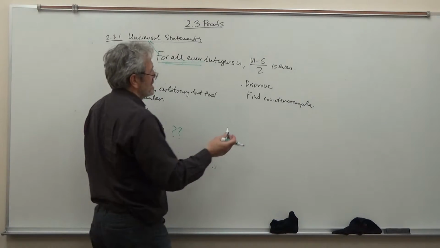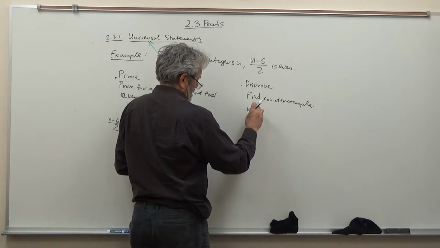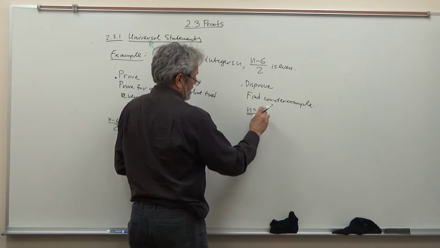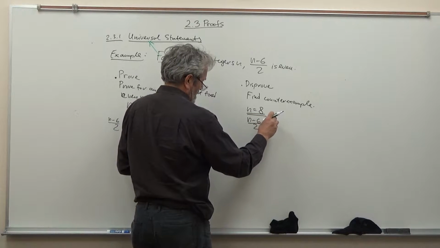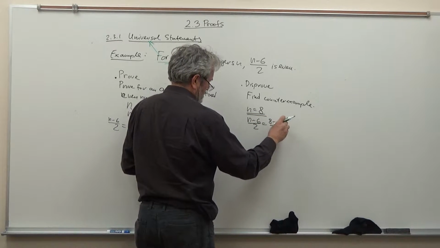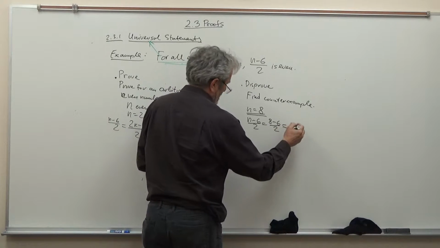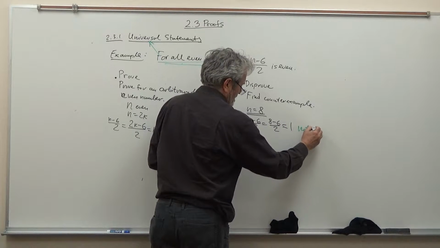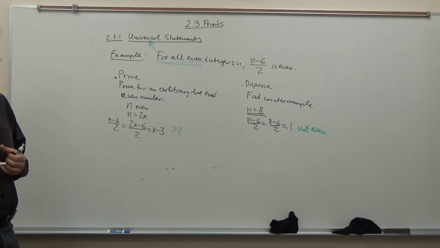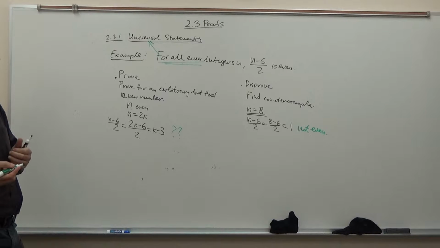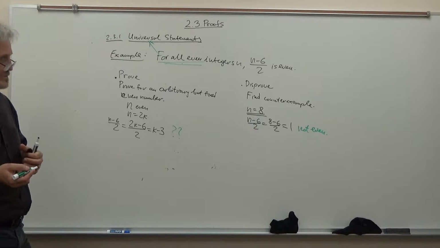For example, let me do n equals 8. What do I get? n minus 6 over 2 equals 8 minus 6 over 2, which is 1, not even. So we actually disproved this statement and showed that from the fact that n is even, we cannot prove that n minus 6 over 2 is even.